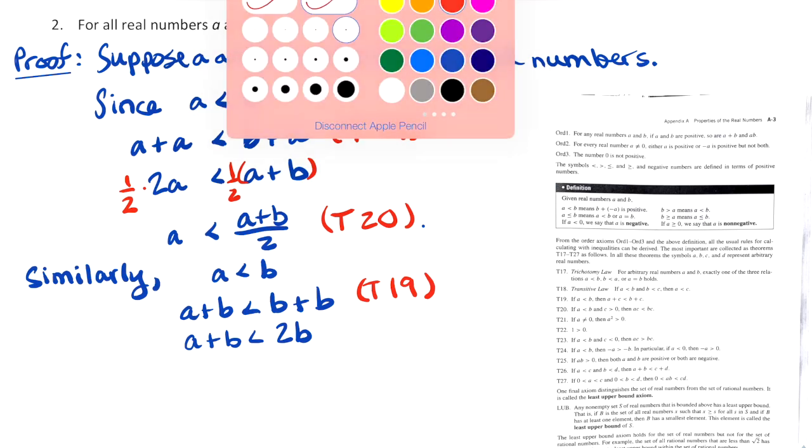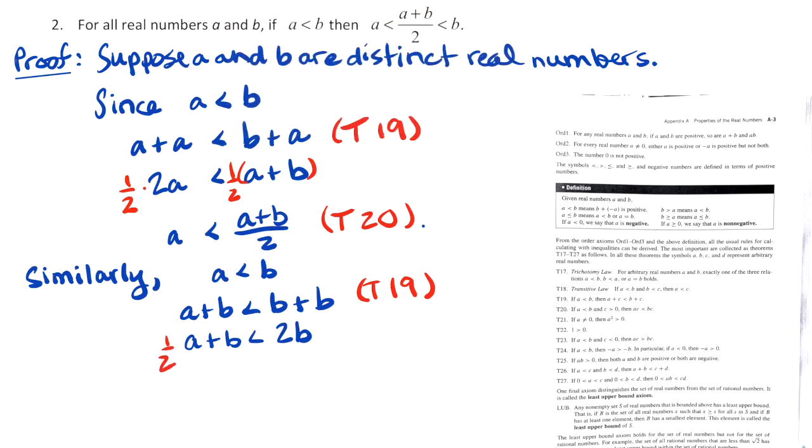And applying the same idea as we did previously, we would have A plus B over 2 is less than B. And so for that one line, we ended up using theorem 20.